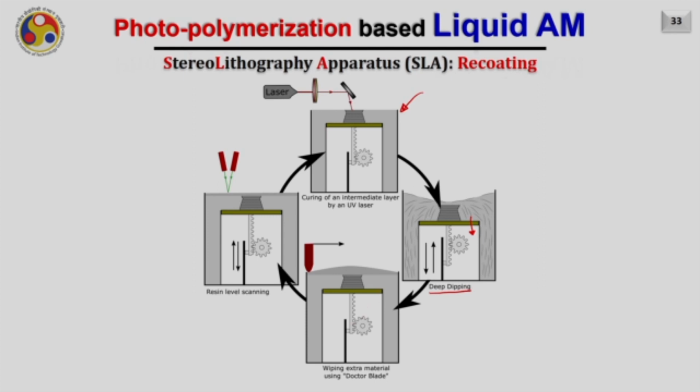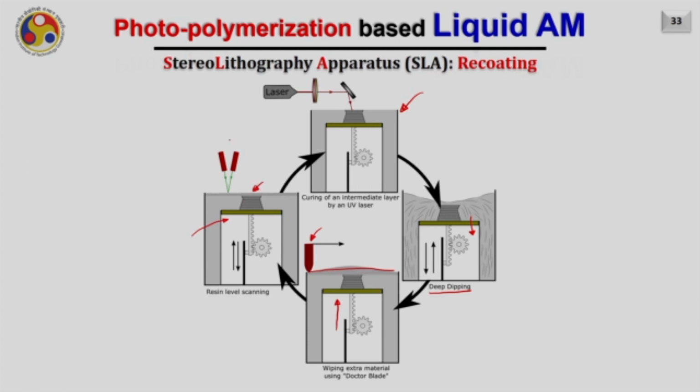Then after that, the part elevates and goes slightly above the layer thickness, and a wiping blade, also called a doctor blade, wipes and removes the excess material from the layer. Then the build part takes its original position and the new layer is now available for curing.